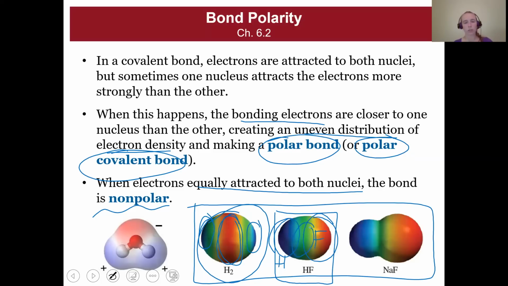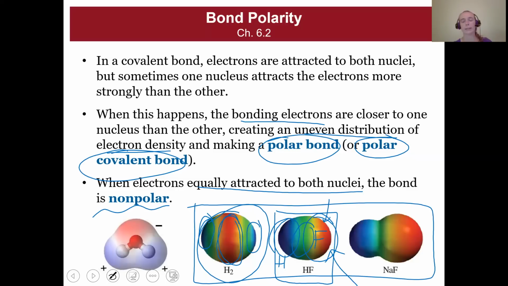The electrons still spend a good amount of time in between the two nuclei, but they're most likely to be found on the fluorine side, closer to the fluorine nucleus. So we can see the uneven distribution. It's not shared in between the molecule anymore. It's focused on one side, focused on the fluorine nucleus. And that's why we have high electron density shown in red.